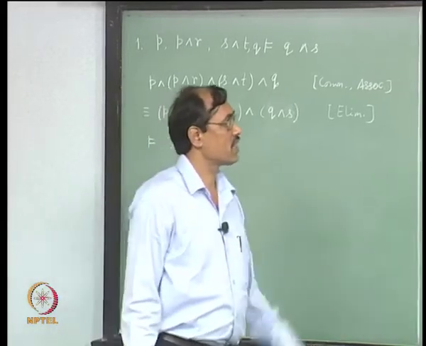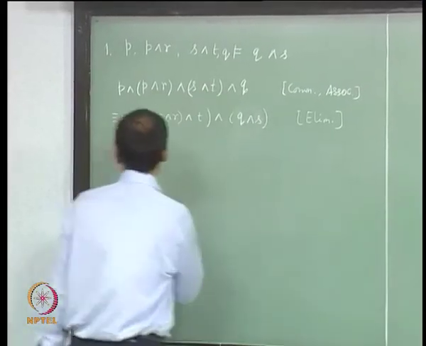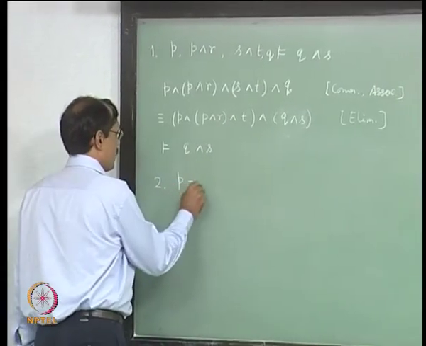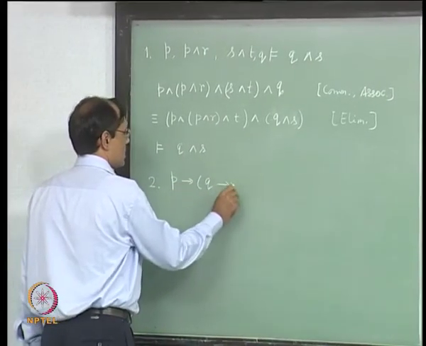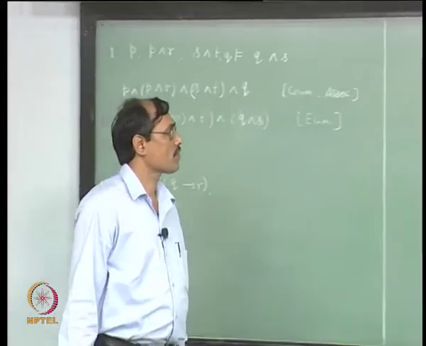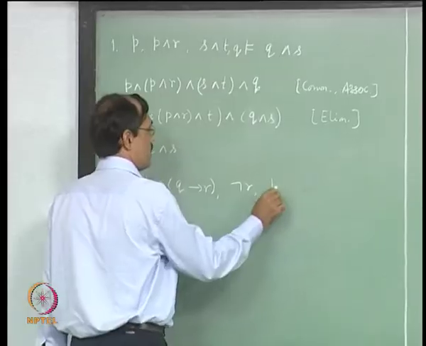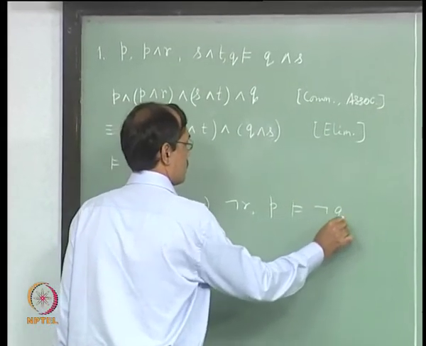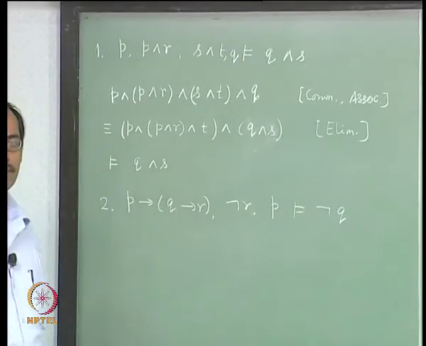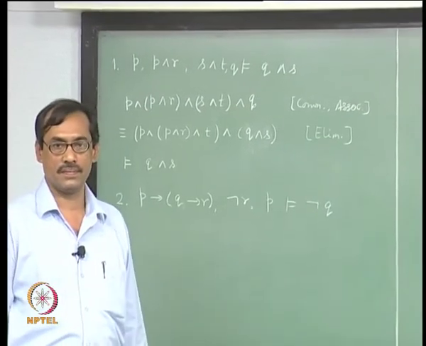So, now let us see the second one. P implies Q implies R, not R, P entails not Q. So, how do you proceed?